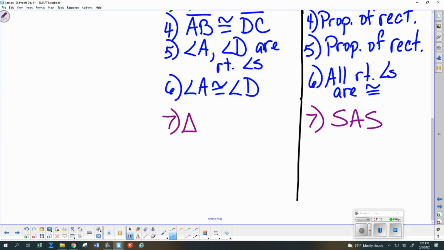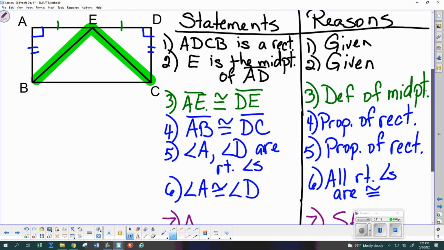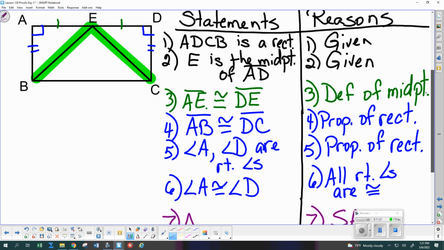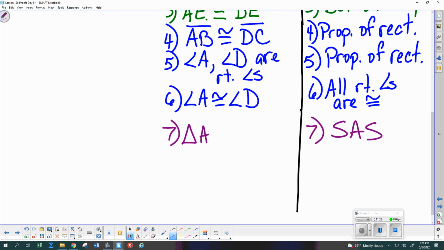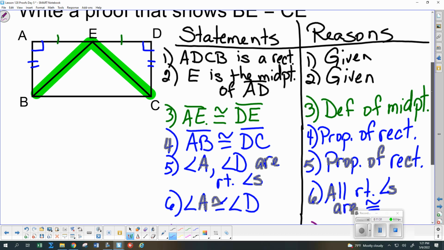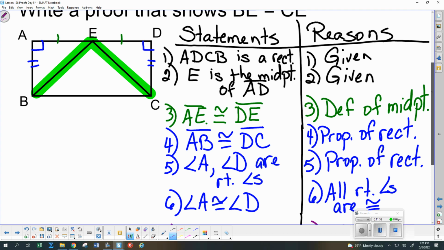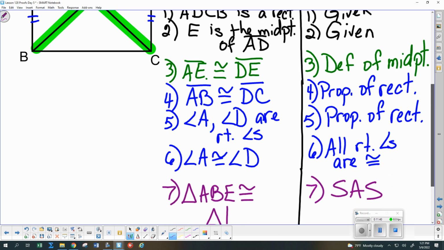So be sure we put triangle symbol, not angle, on this line. And the first one I can name any way I want, so I'm going to say ABE is congruent to triangle. All right, A in the left triangle corresponds to and has the same measure as which angle on the right? D. So D has to start that one.